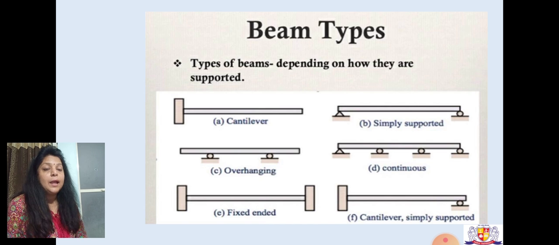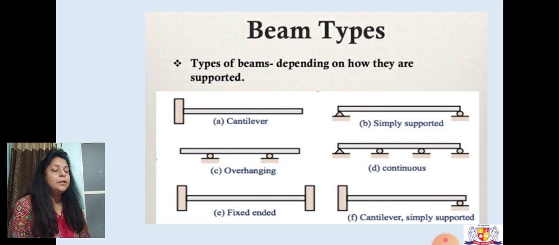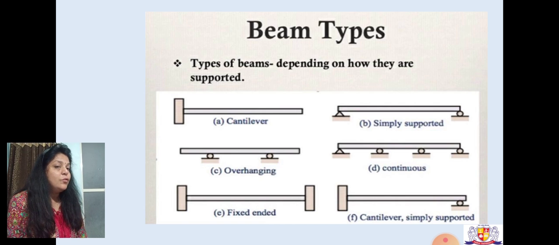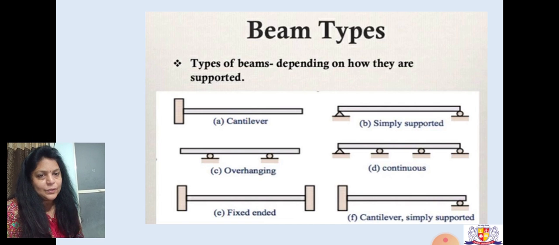In that particular case we are providing 20 meters by 15 meters or so. So one support at one wall and another support at the other wall is not sufficient. You will find deflection, you will find bending in the beam. Then at that particular time we have to increase the supports. That means when the length of the beam exceeds 4 meters, then we go for a continuous beam.